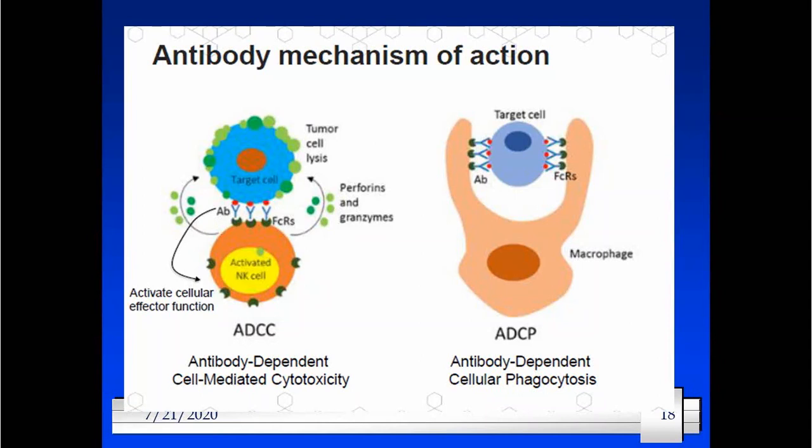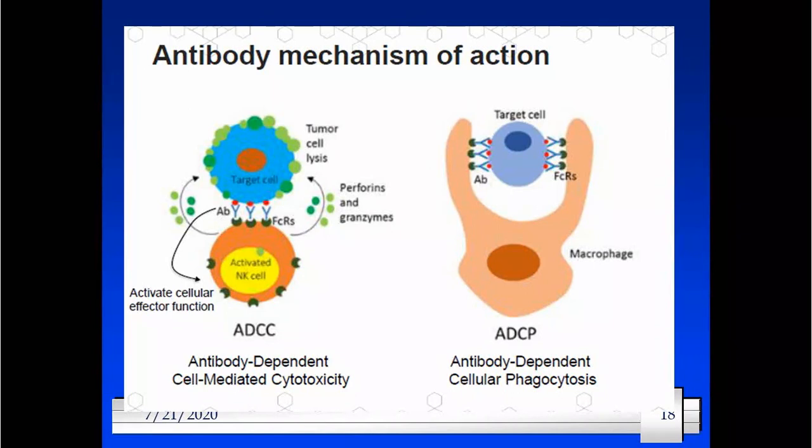This is non-MHC dependent. This depends only on the antibody binding, and it takes another name, antibody dependent cell mediated cytotoxicity by the natural killer cell, and it might belong to the adaptive arm of the immune response, because there is antibody in the pathway of killing.